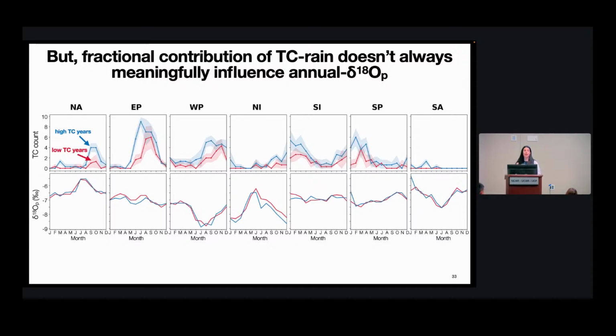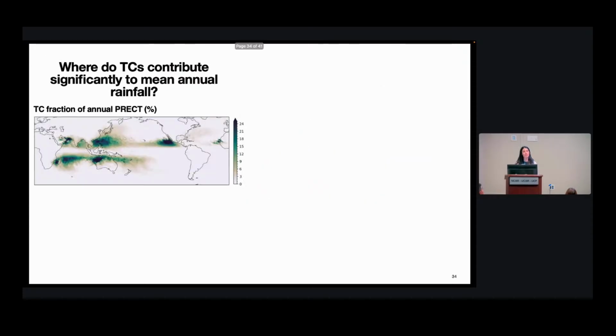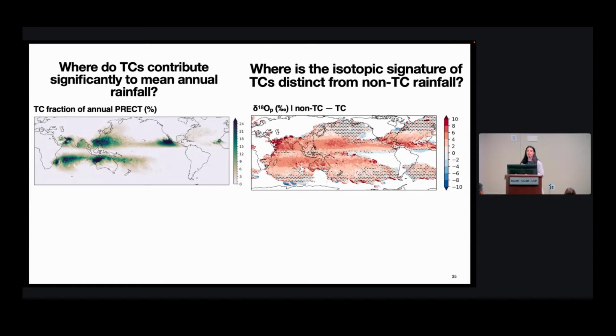Now, with the caveat that I'm looking at these really basin-wide, for these plots, these are those large basins, whereas most proxy studies are going to be integrating a much smaller domain. So we might want to look at where TCs contribute a significant fraction of mean annual rainfall, and also where the isotopic signature of TCs is most distinct from non-TC rainfall.